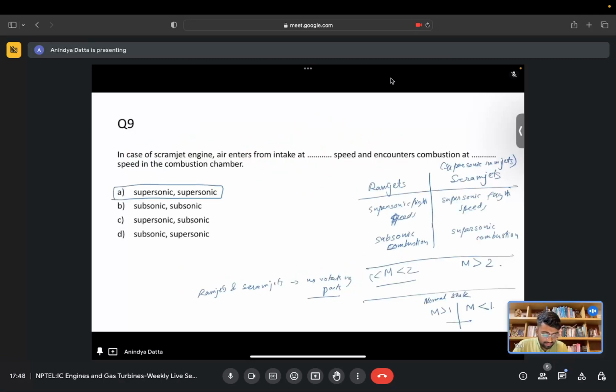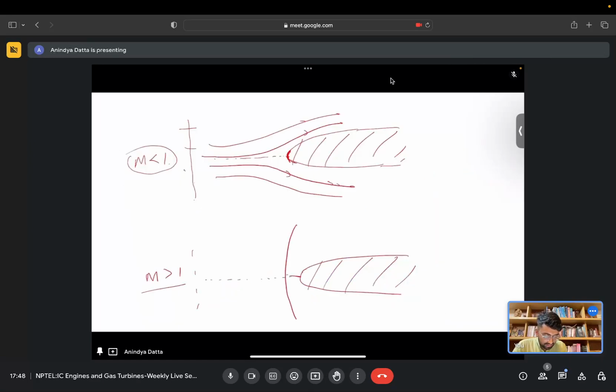As a result, the flow gets a shock like this. Mach number is greater than 1 upstream, and downstream of the shock the Mach number becomes less than 1, and here again the flow will go like this.